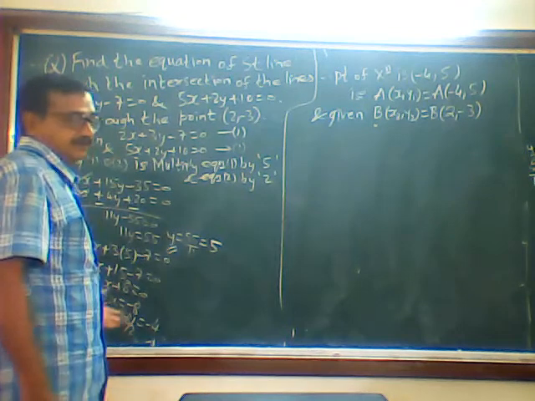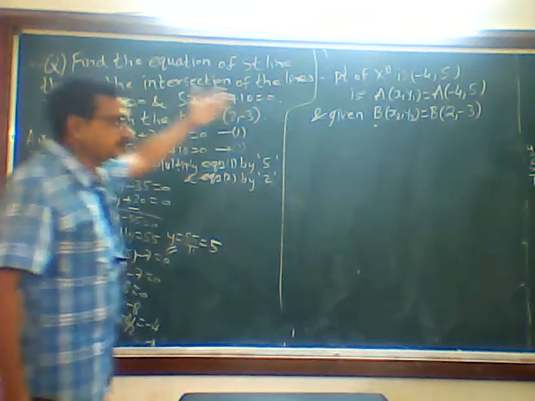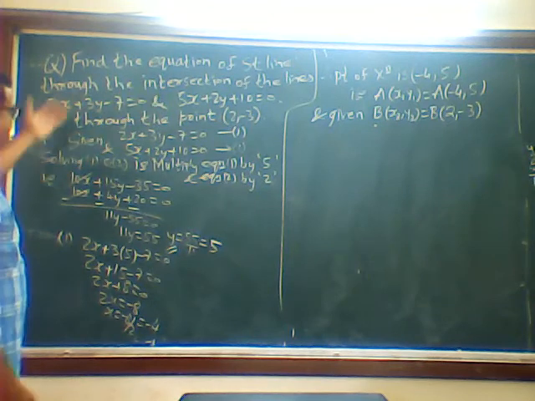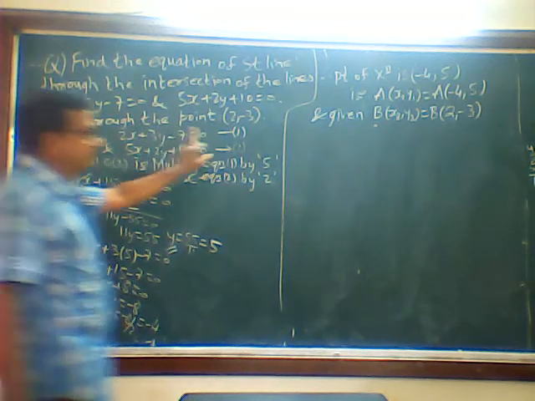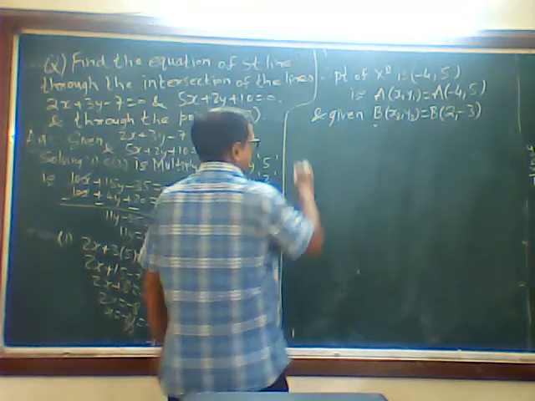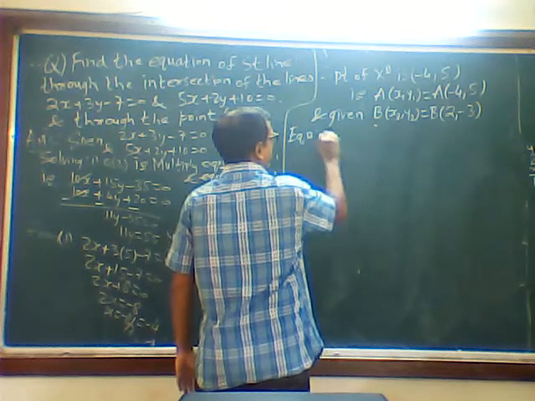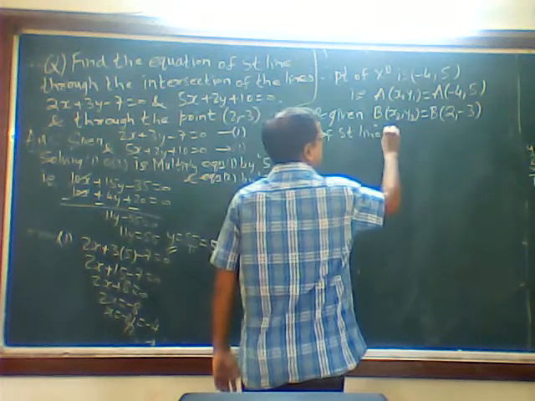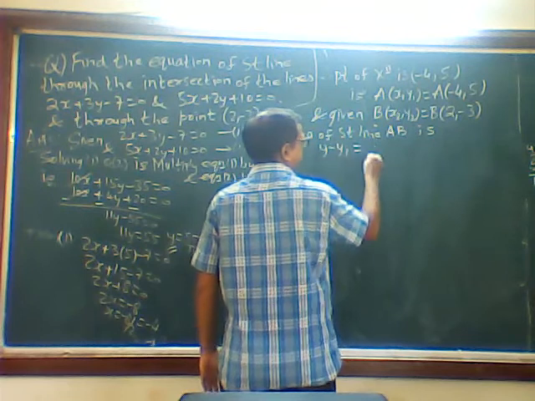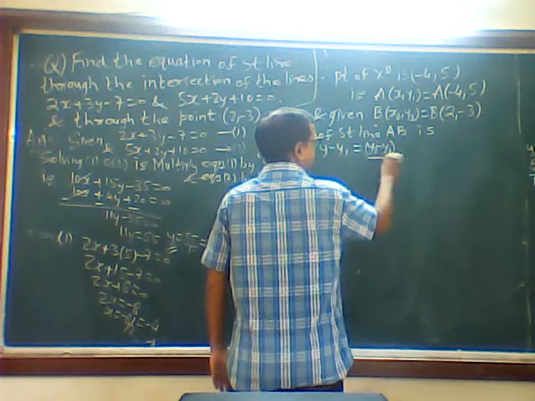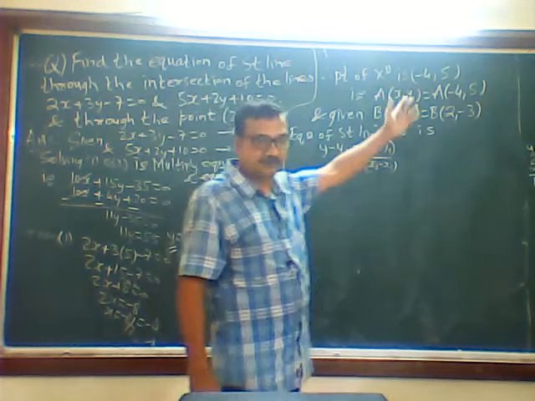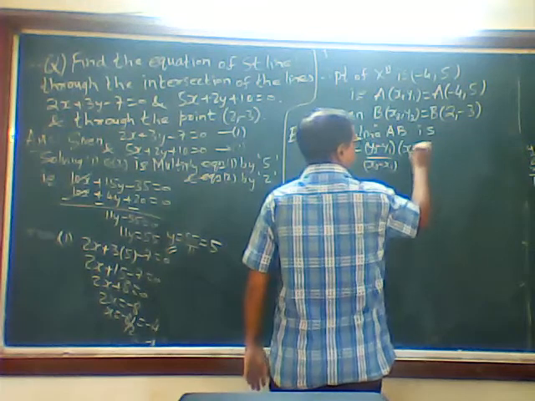The intersection point I have found is minus 4 comma 5, and I am treating it as A of x1 comma y1, and the given point is B. Now I write the equation of the straight line AB: y minus y1 is equal to y2 minus y1 divided by x2 minus x1, into x minus x1. I use the two-point formula because I have two sets of points.